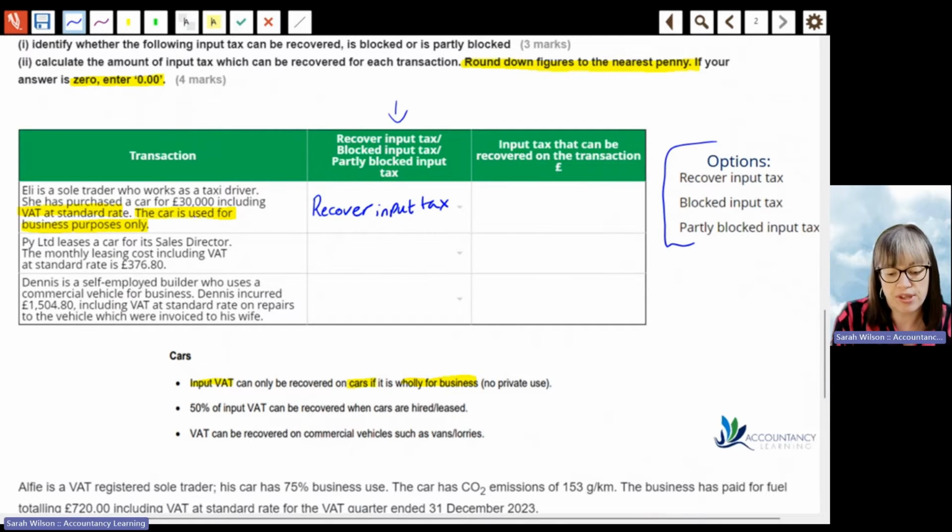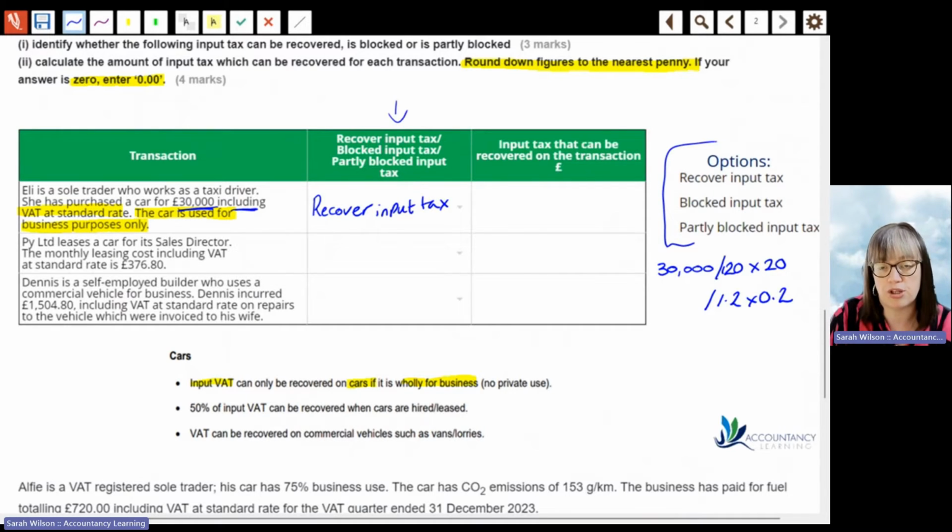We're told that it was £30,000, including VAT. So we will have to work out what our VAT figure is. So £30,000, and again, depending on which way you work, you can either divide it by 120 and then multiply by 20, or you can divide by 1.2 and multiply by 0.2.